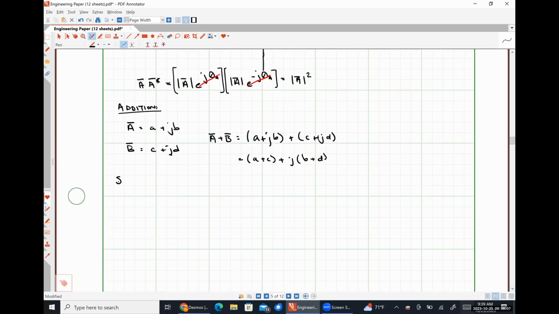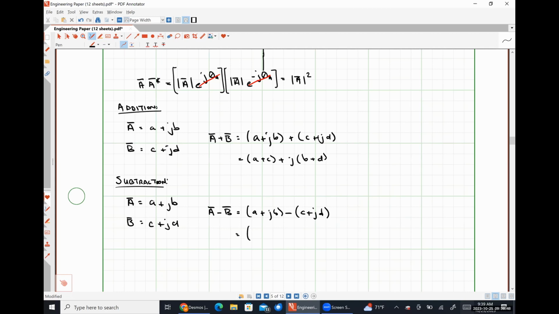Subtraction is just addition, but one of the things has been multiplied by -1. So if I had A is equal to a plus jb and B is equal to c plus jd, A minus B is equal to a plus jb minus c plus jd.